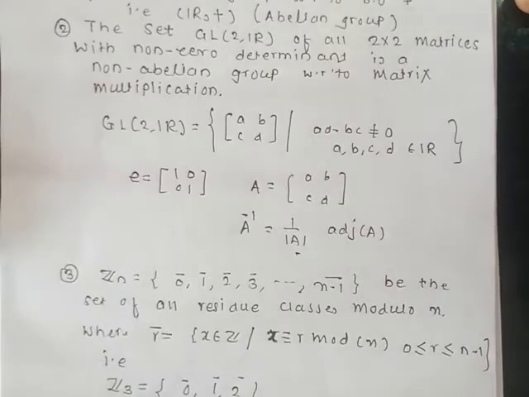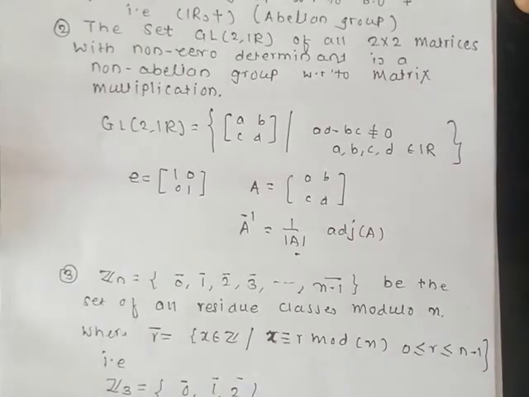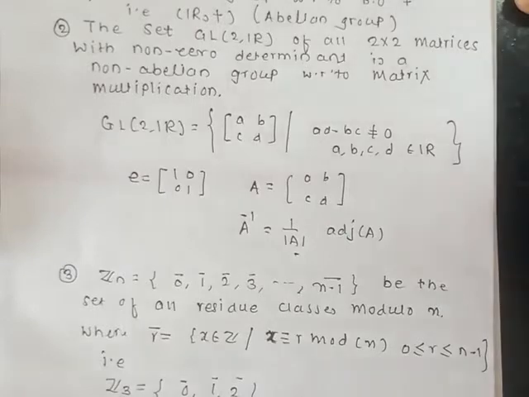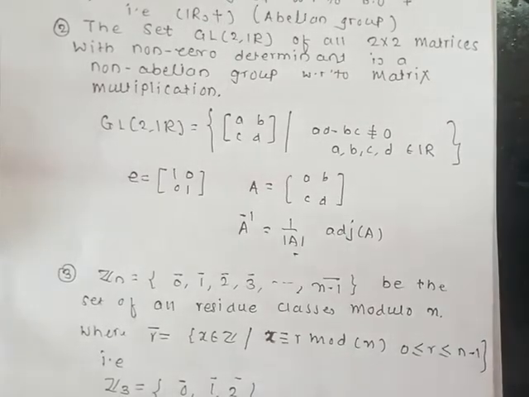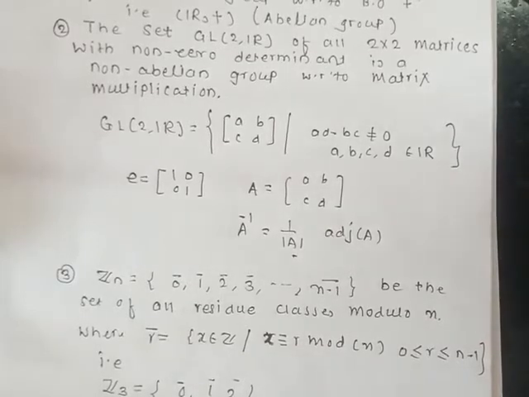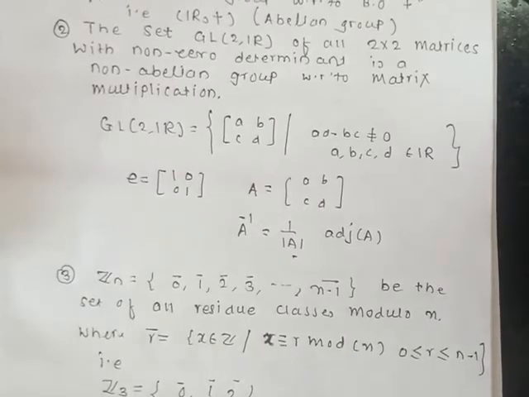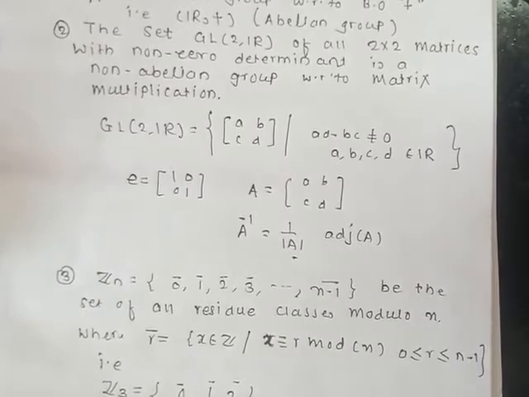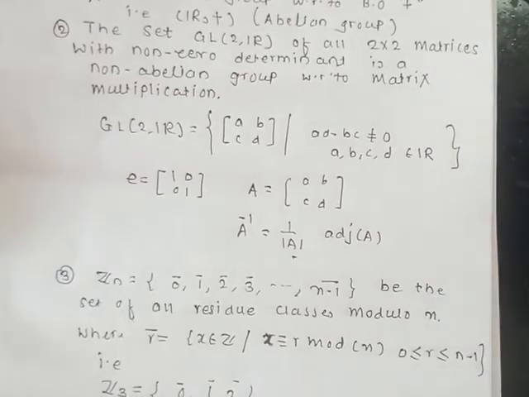Now here 0 bar is nothing but 0, plus minus 3, plus minus 6, plus minus 9 and so on. 1 bar is 1, 4, 7, 10 and so on, and minus 2, minus 5, minus 8 and so on, because 1 is added here.